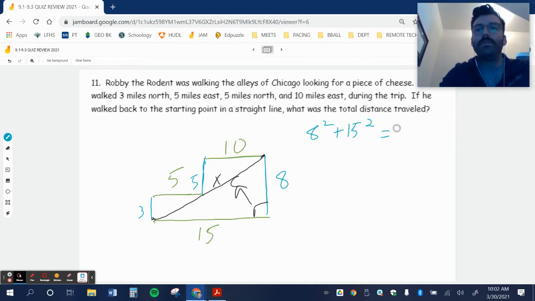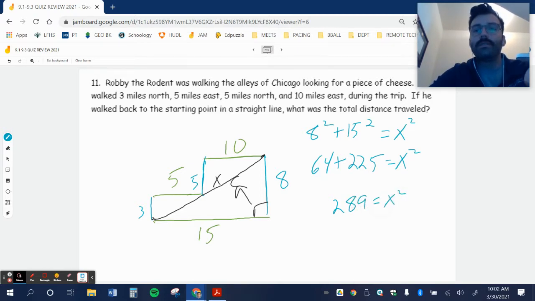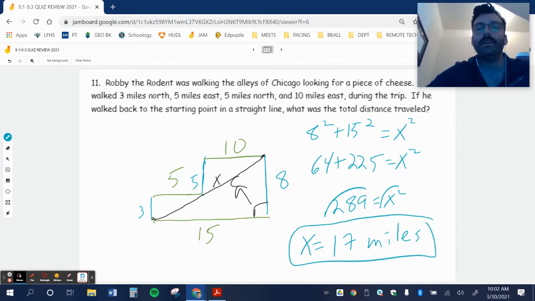If you did not know that it's a triple, I can solve it using the Pythagorean theorem. 8 squared plus 15 squared equals x squared, since x is our c. 64 plus, I think this is 225, equals 289, x squared, square root both sides, x equals 17 miles.